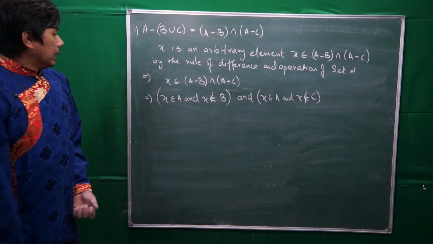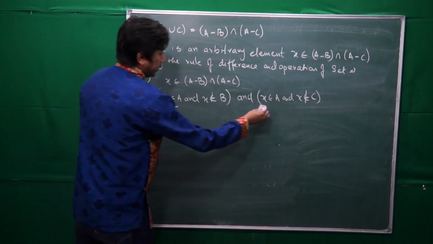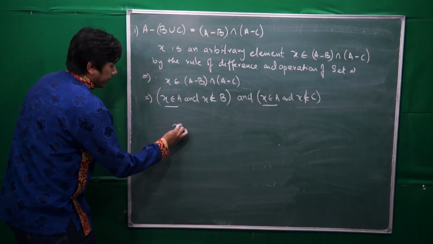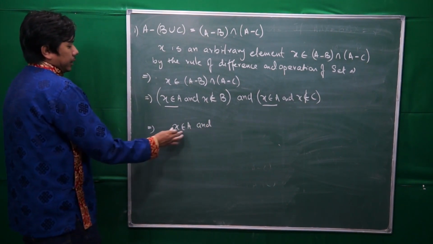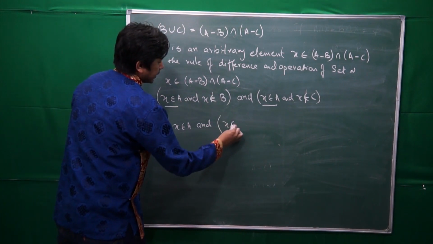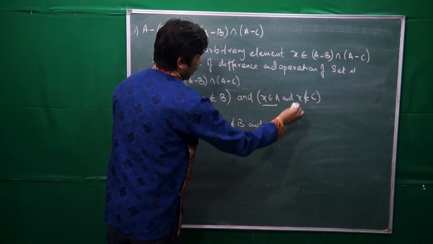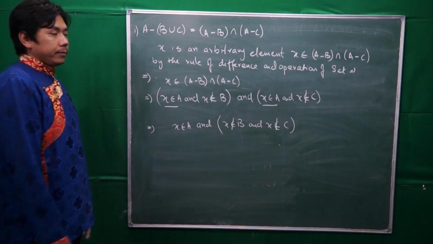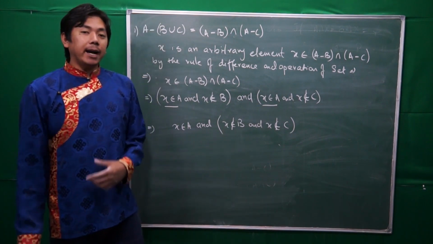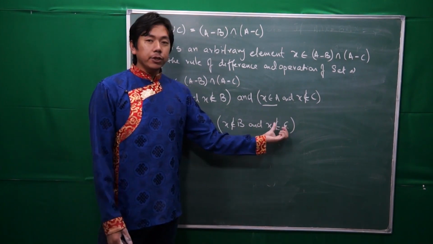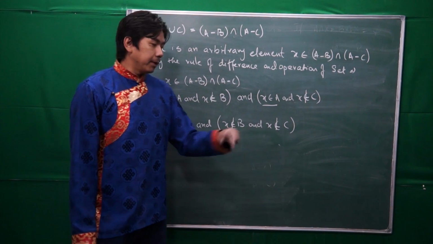All right. Now since X belongs to A and X does not belong to B, that is clear. What we will do is we will take these two common. All right. Now X belongs to A and taking this common, what is left? X does not belong to B and X does not belong to C. Clear? Now since X is an element such that it does not belong to B and it does not belong to C as well, therefore we might as well combine this together in a statement.